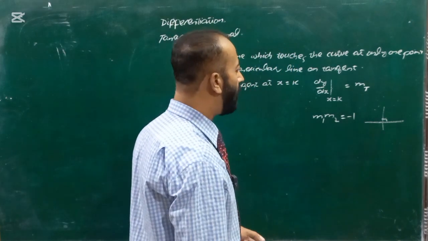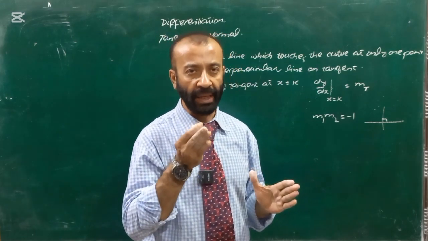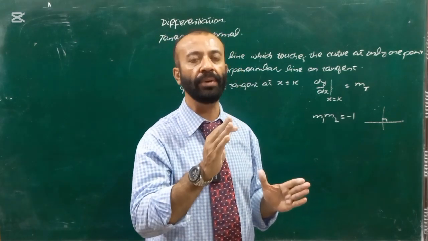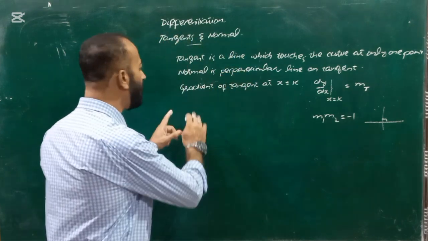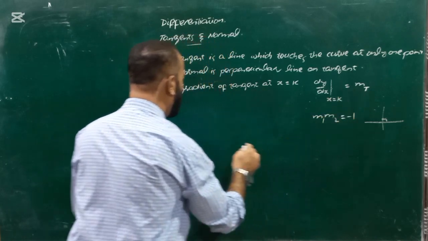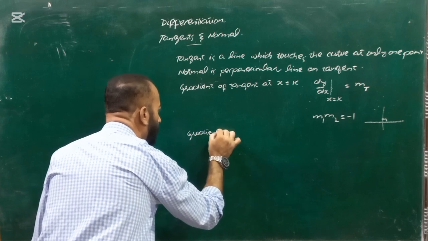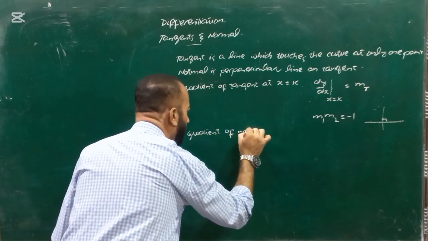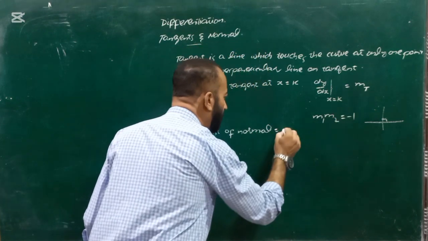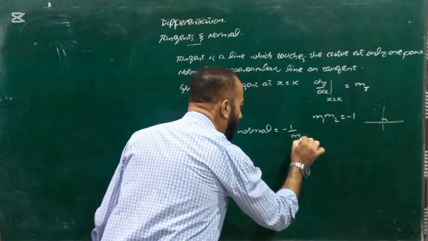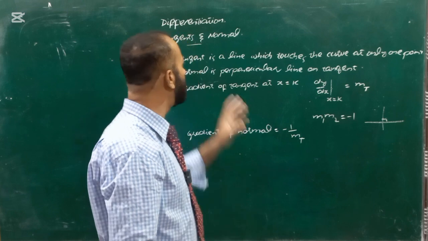So if the gradient of one line is given, the gradient of the other line which is perpendicular to it is the minus reciprocal of this one. So if the gradient of the tangent is mT, then the gradient of the normal will be the negative reciprocal of this one. So that will be -1 over mT. These are the concepts which will be used in this topic.